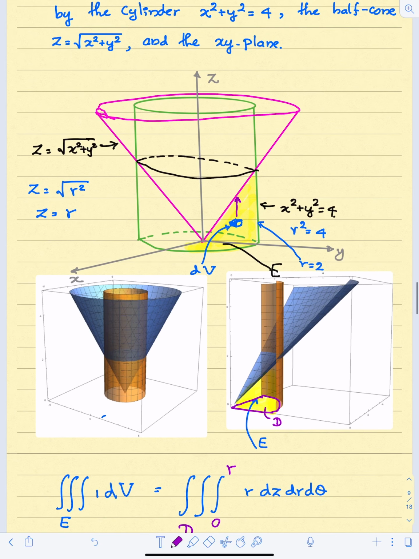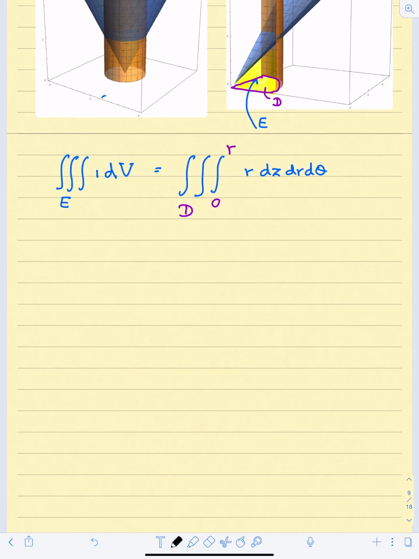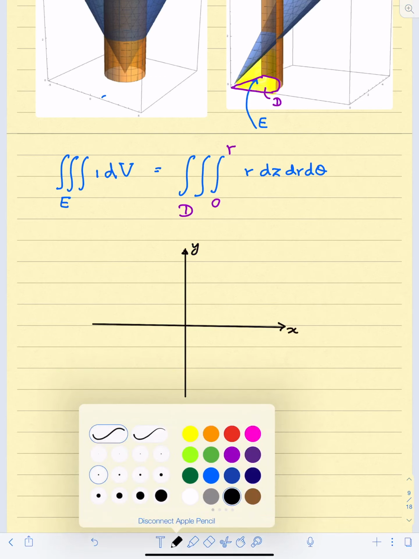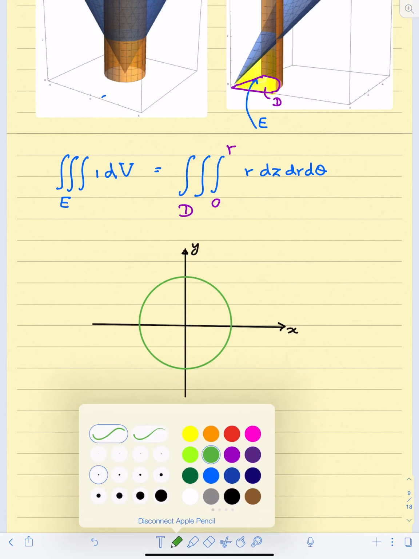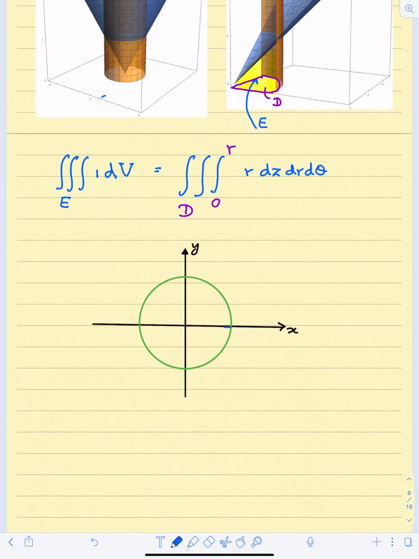So if you look from the top, this is an eye, you will see your domain D. Domain D is in the first octant, so we should consider the first quadrant.